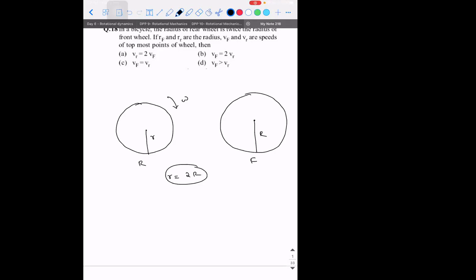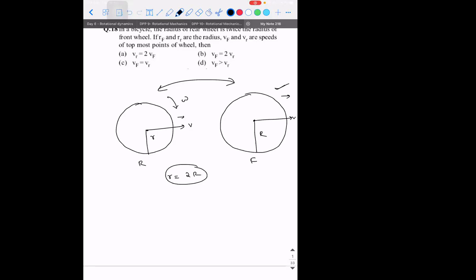Because if this wheel is moving with some speed v, this also has to move with speed v, or else there will be a relative velocity existing between these two. Means this wheel will move slightly faster and this will move slightly slower, or vice versa. So when I say angular velocity is constant, angular velocity of every particle in that particular object is constant, not in both the objects.